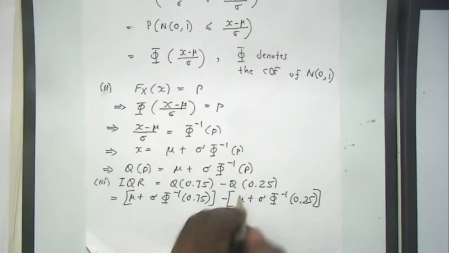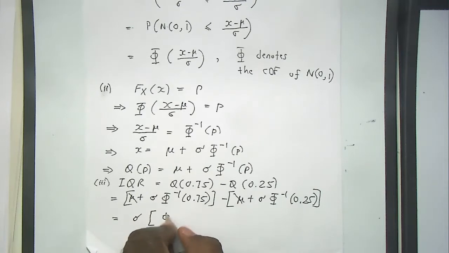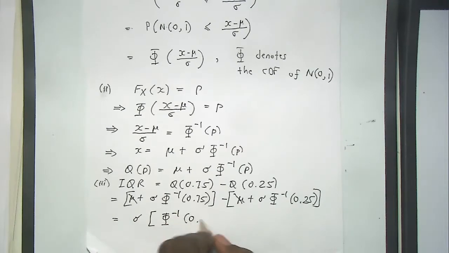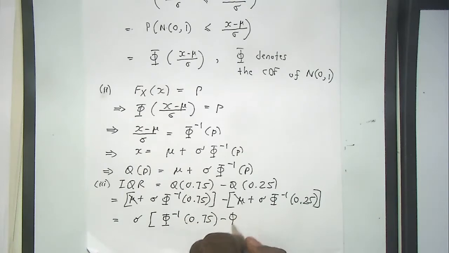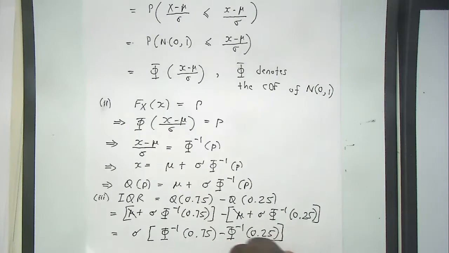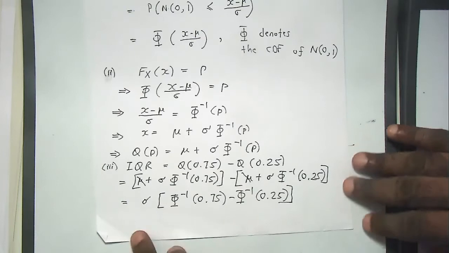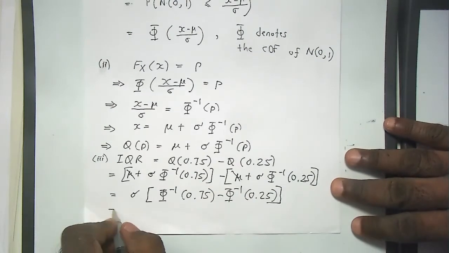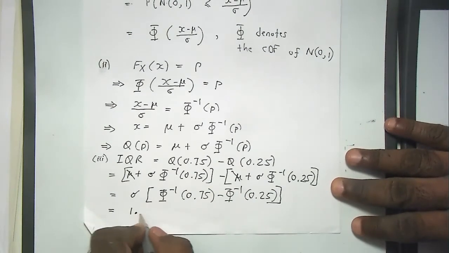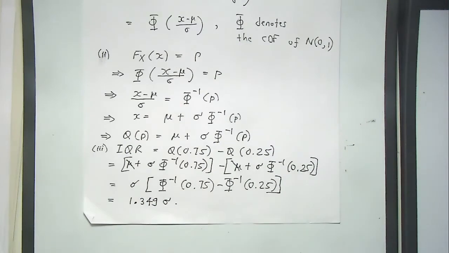Right, the two mu cancels, so what you get is sigma times the difference. Alright, now if you read these two numbers from the table, I mean, I gave you tables for the normal distribution, at least I talked about it, right? If you read these from the table for the normal distribution, you will get this to be equal to 1.349 times 6. Alright, that's question 6, guys.